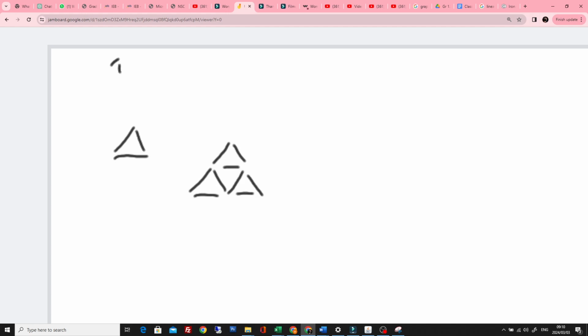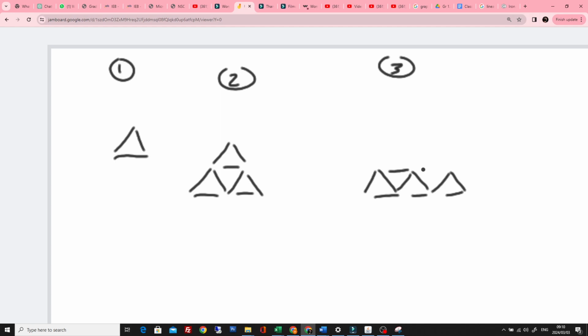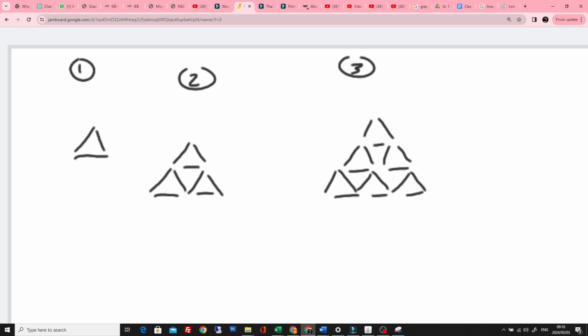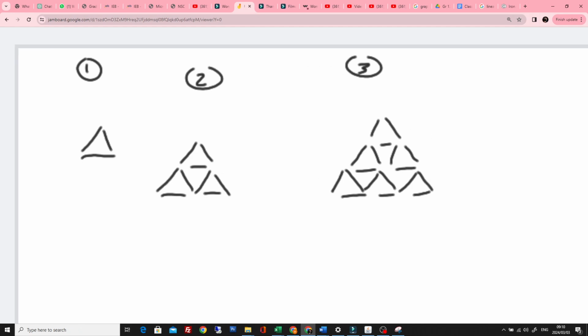Okay, and this is the first one in my pattern, this is the second one in my pattern, third one in my pattern looks something like this, where there's an extra base added, so it's like this. And then obviously you can go and draw the fourth one if you want.